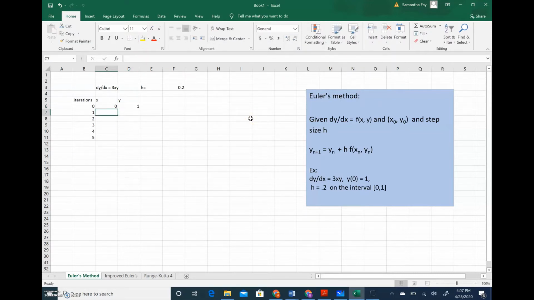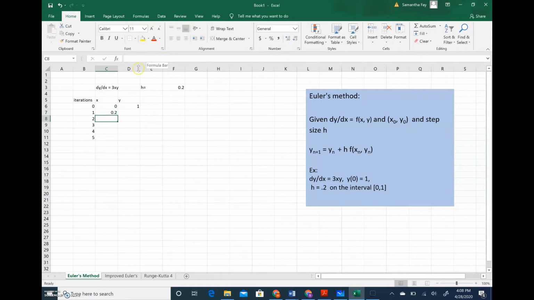Our x is always going to be going up by our step size. One thing for Excel is that if you want it to do a calculation, you always have to start with an equal sign, and you can see what I'm doing up here to keep an eye on that. So we start with our previous x value, and to that we add our step size. But we always want to go back to our step size, so I'm going to hit F4, and notice that we now have dollar signs in there, and that's what's going to keep it from moving.